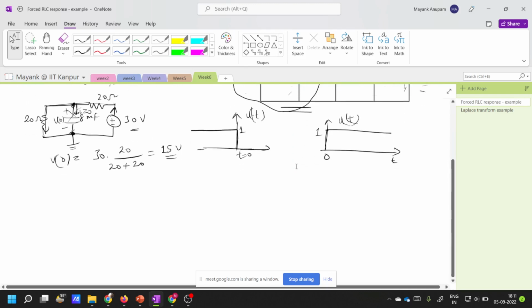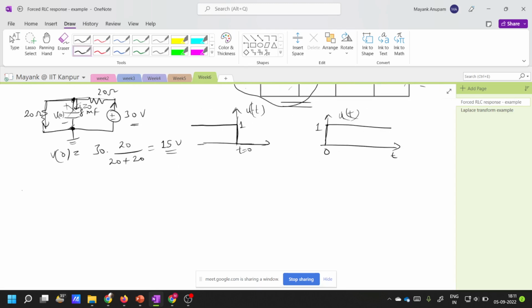So let's also write that before t equal to 0, the current through the inductor is equal to 4 ampere.